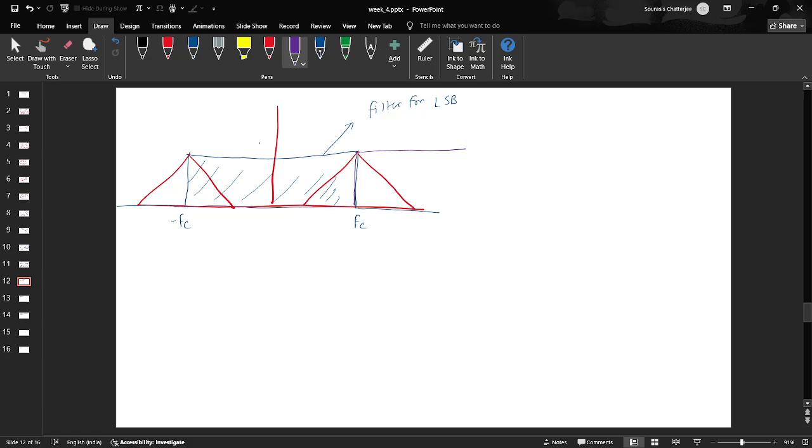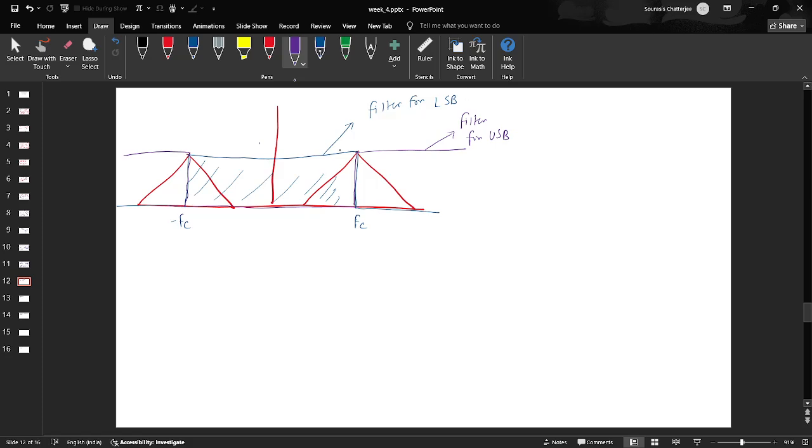It's just the opposite of the filter used for lower sideband. It is not going to pass any frequency lower than FC, and it is going to pass all frequencies over FC. So this is the filter for upper sideband.